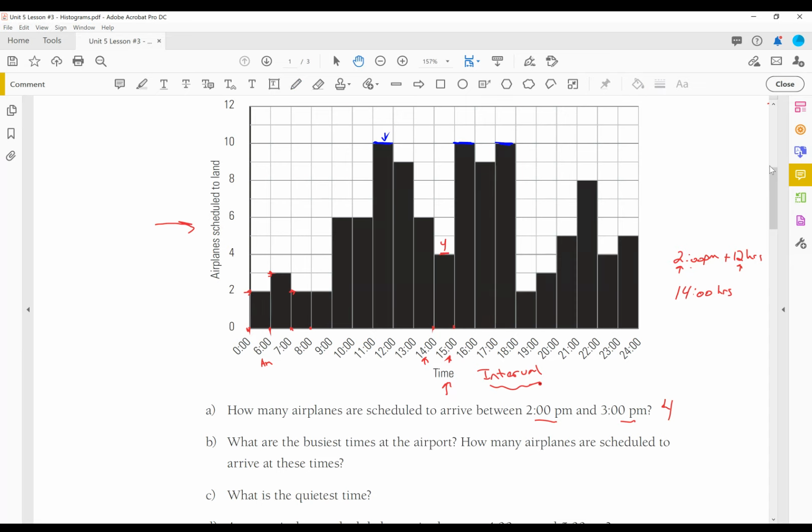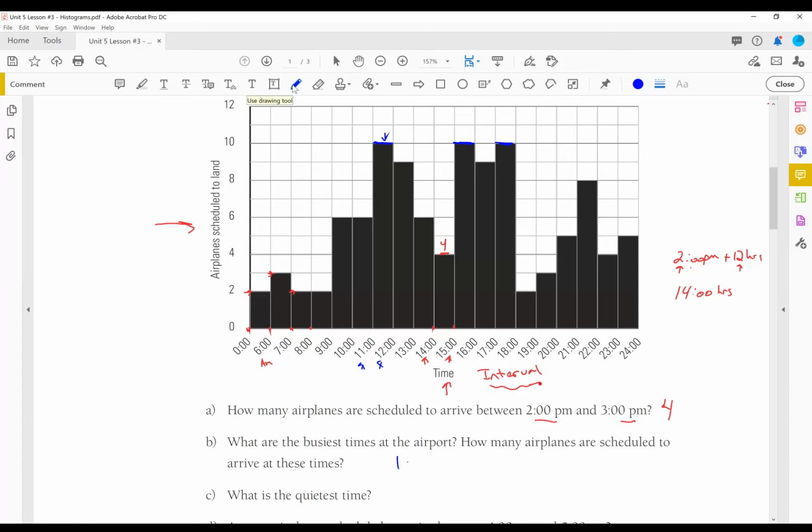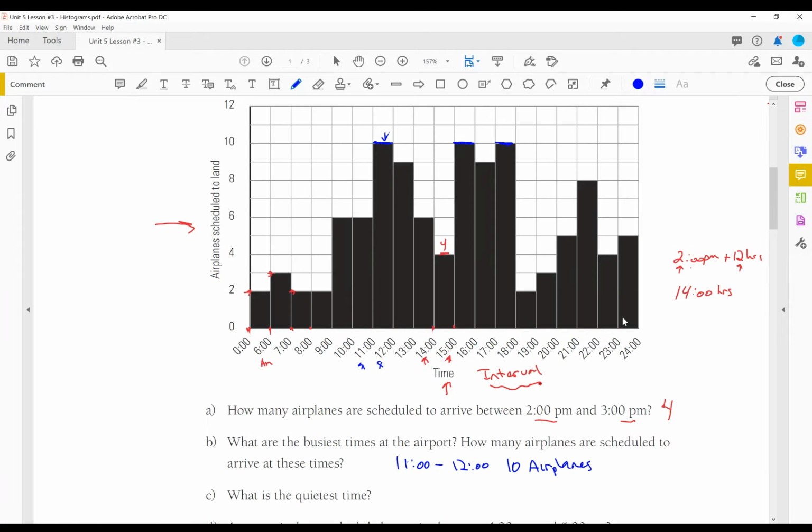The first one is between 11 o'clock and 12 o'clock, or 1100 and 1200 hours. And there are 10 airplanes scheduled to land. The next interval, 1500 and 1600.